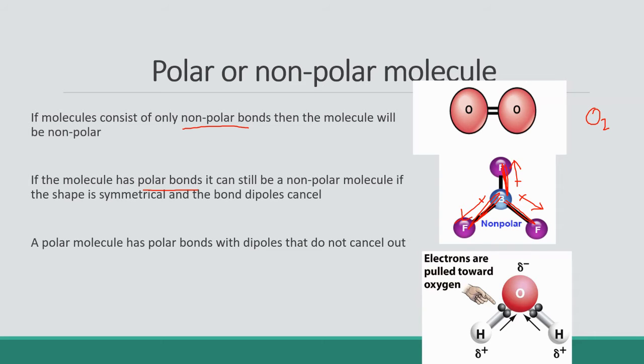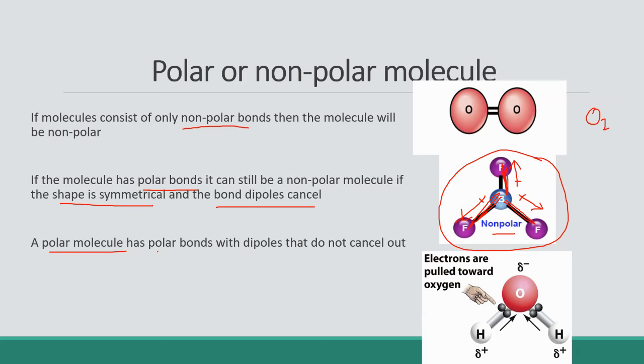Okay, so 3 dipoles. But the shape is symmetrical. So in 3D space, there is not one side of the molecule that is slightly positive and one side that's slightly negative. Because the shape is symmetrical, the bond dipoles cancel. So overall, BF3 is nonpolar.